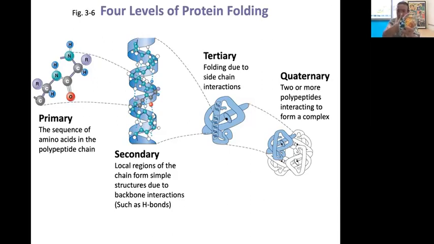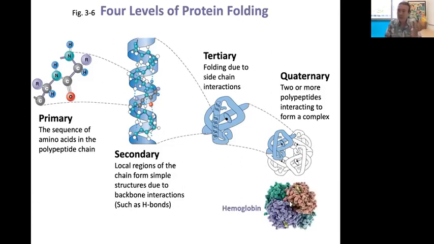We would say then that this protein actually consists of several tertiary structures coming together, and that would form a quaternary structure. So a good example of that is hemoglobin. The hemoglobin proteins that carry oxygen and carbon dioxide through your blood are a great example of a quaternary structure, as you can see in this illustration.